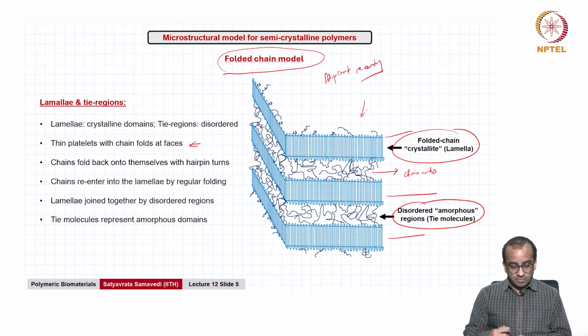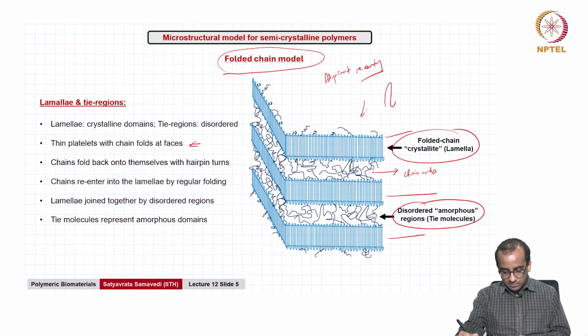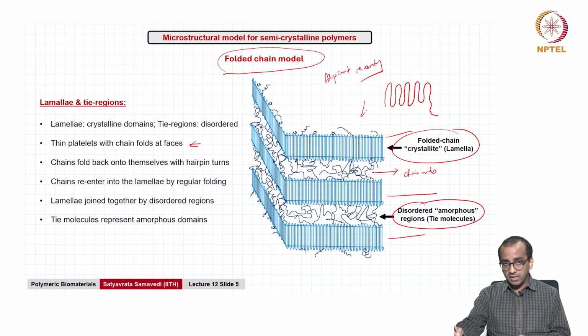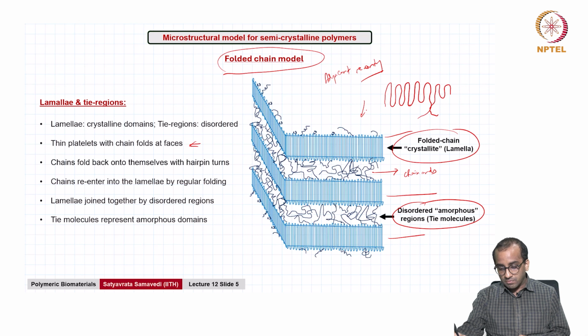So, these are plate-like structures with chain folds at the faces, and as I said earlier, the chains that go out of the lamellar surface can fold back in what is called adjacent re-entry, where the chains re-enter the lamella by regular folding. But let us say this chain is no longer able to enter, there could be another chain that enters and takes over and forms the lamella.